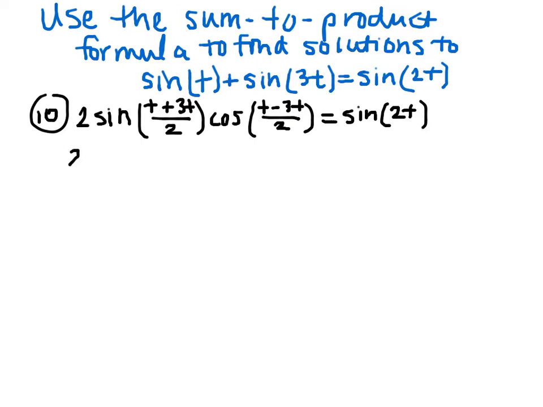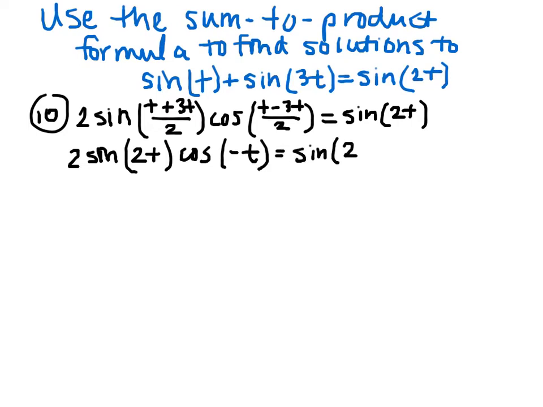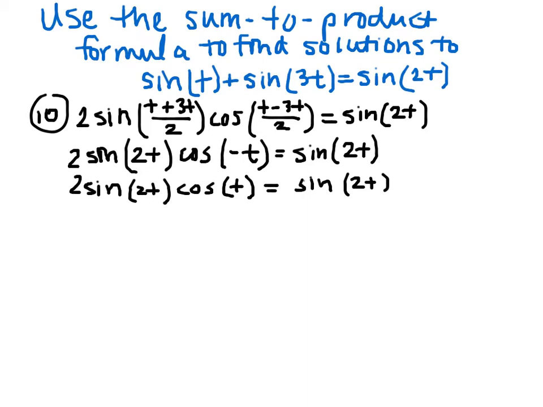And to simplify, we have 2 sine of, this will reduce to 2t, cosine of negative t equals sine of 2t. We know that cosine is even, so we can write that as 2 sine of 2t cosine of t equals sine of 2t still.